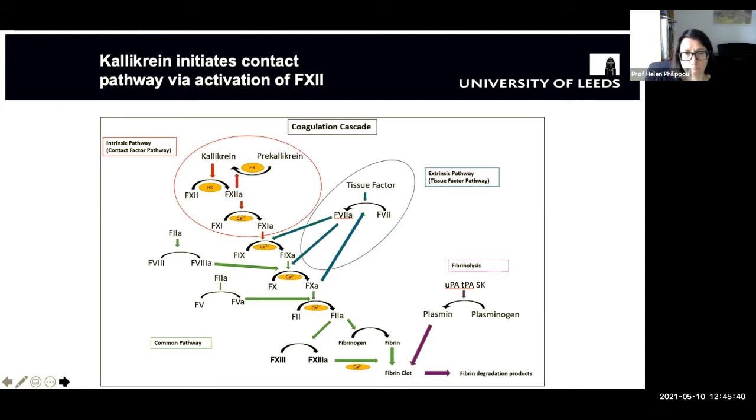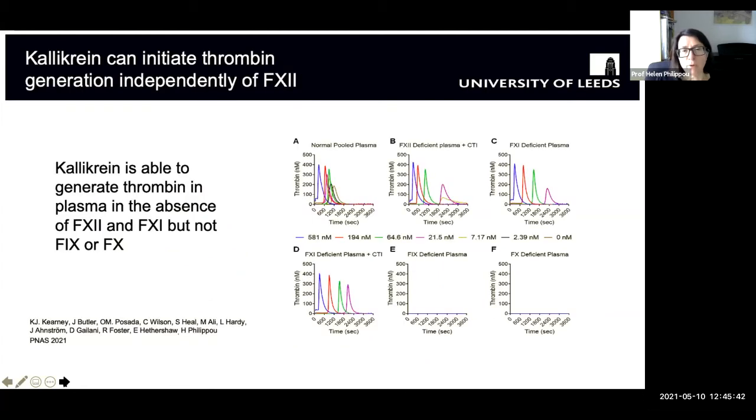Next slide, please. What we found when we did thrombin generation was that kallikrein was actually able to generate thrombin in the absence of factor 12, which is observed in panel B, and factor 11, which is observed in panel C. So this meant that the idea that kallikrein was working only through the activation of factor 12 doesn't hold true.